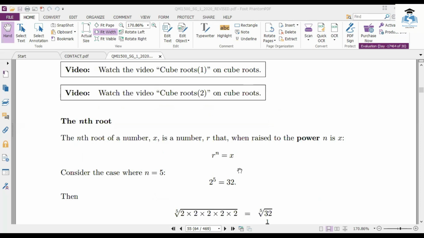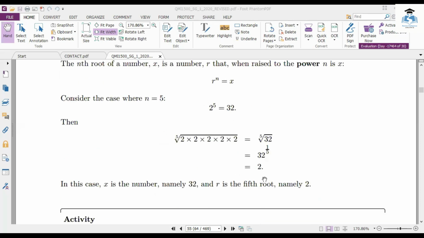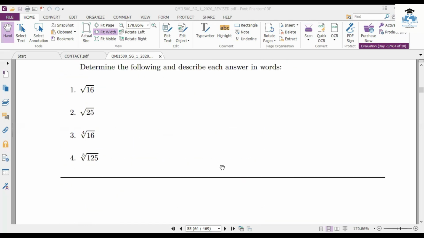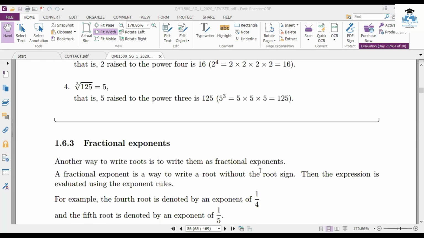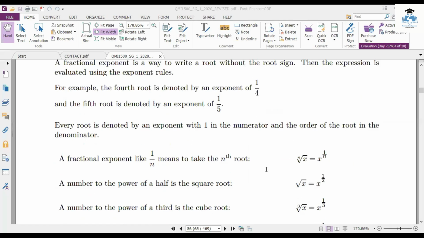Let's take, for example, let me look at something with the letters. Okay, so this is what I was explaining.